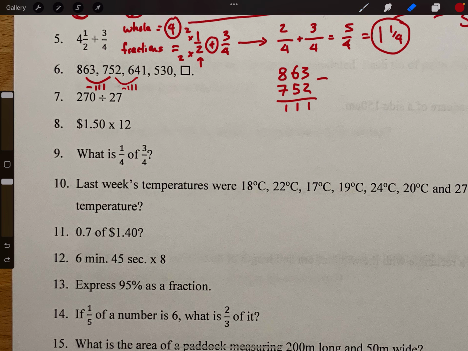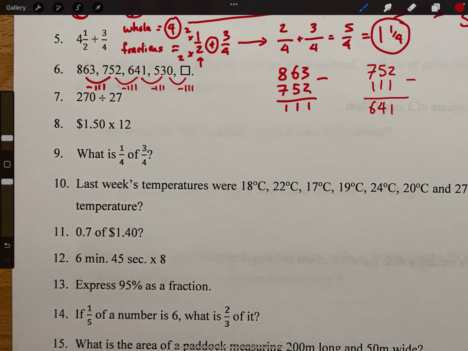So let's test it out. 752. If I take away 111 and I get 641, then we're good. So that means we're just taking away 111. So take away 111 again, and then take away 111 again, and find out what that answer is, to find out the last number there.